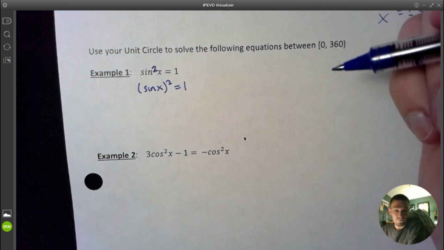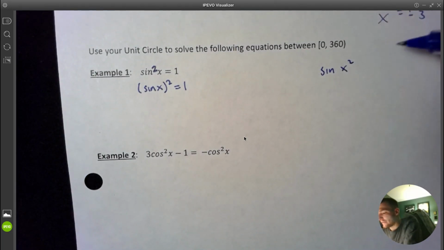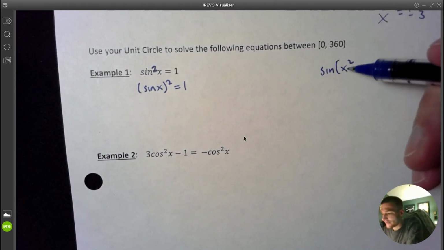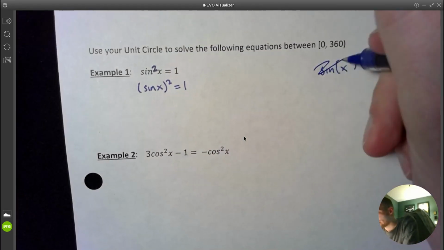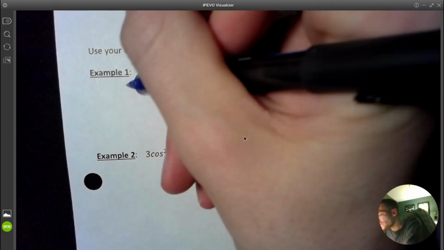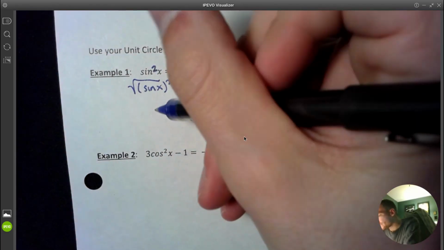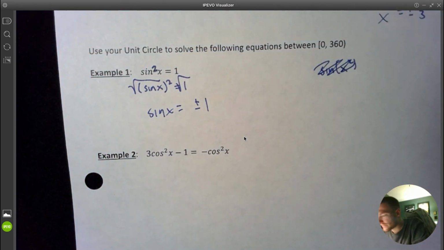We don't want it to look like this, where it's like, well, is it supposed to be x squared? Is it supposed to be sine squared? And so we don't like it like that. We sneak the 2 in front of the x. Square root both sides. Sine x equals plus or minus 1.